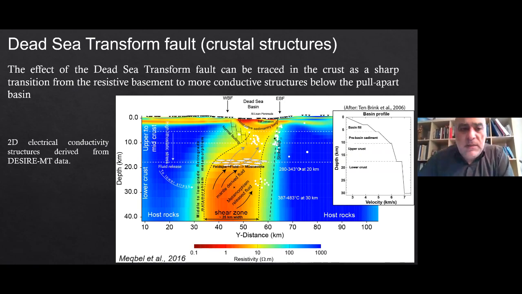So the story that we have created, based on the conductivity model and also the geological and other information, is consistent with the tectonic state of the Dead Sea Basin.